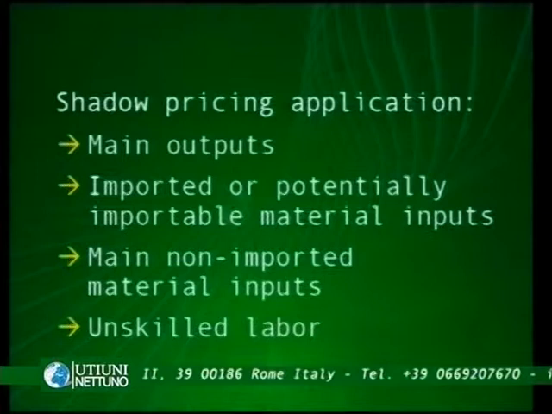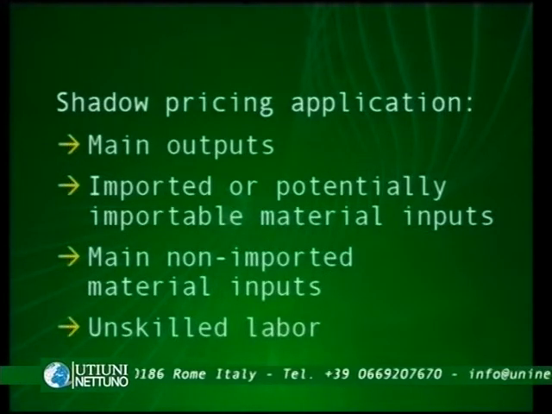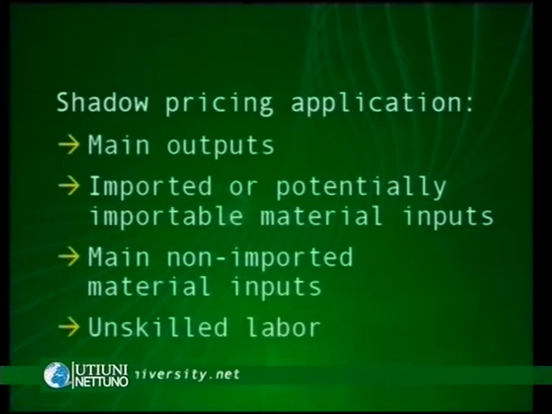First of all, the main outputs of an economic system, that clearly are relevant for the economy as a whole. So it's important to understand what is their true economic value. Then imported or potentially importable material inputs, because also in this case there could be strong price distortion, there could be impact on the outputs of an economy.